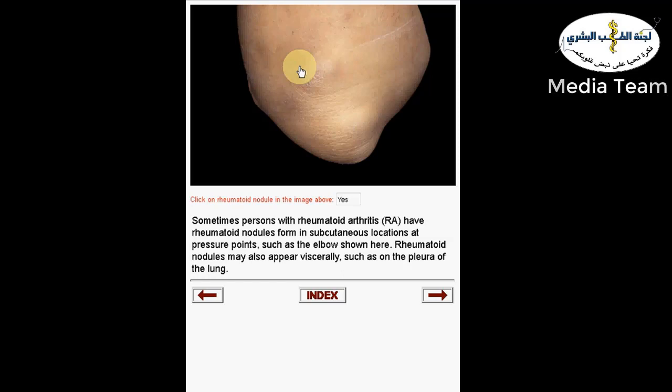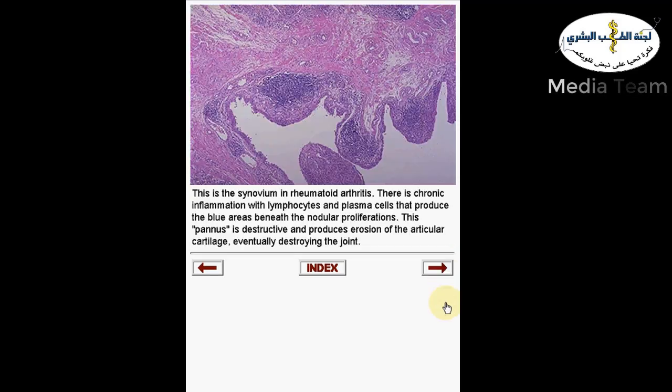They are dermal nodules, but we can also see them in visceral locations, not only in the skin. They can occur in the lung and the pleura, so they can occur anywhere. Most of the time we also see them around the heel.